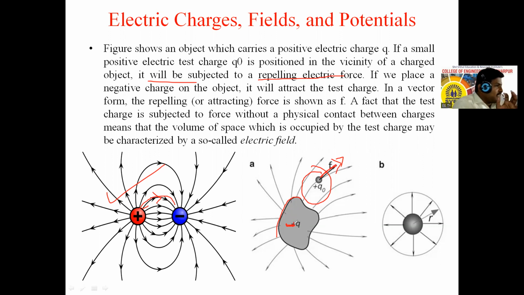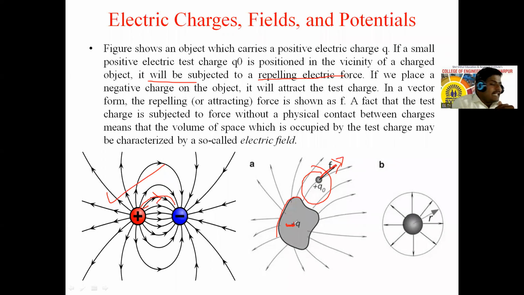All of you understood the concept of electric charge? What is electric field? So from only one diagram we will understand both concepts, electric charge and electric field. So electric field is that the test charge is subjected to some force, either a repulsion force or an attraction force, and this is due to the electric field.